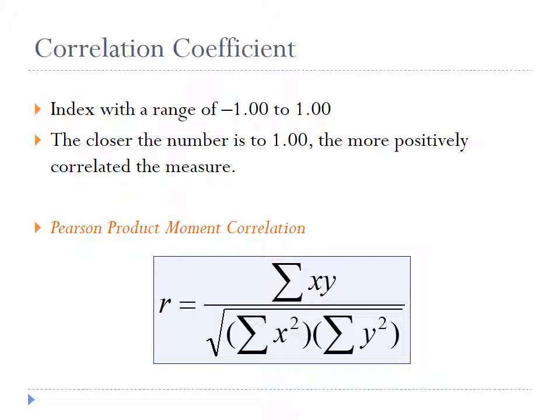A negative correlation exists when scores go in opposite directions. On one administration, the scores go up. On another, the scores go down. The closer your computed value is to these poles, the stronger the correlation.